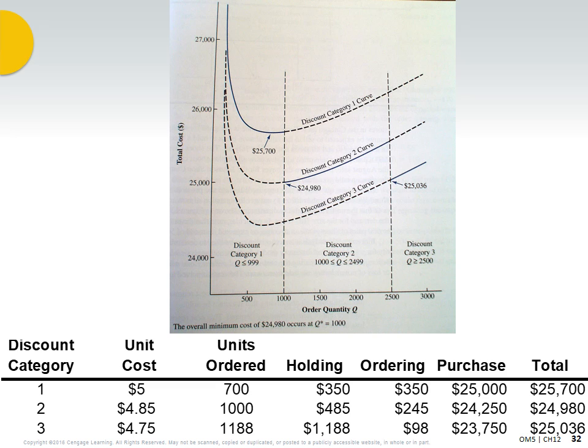Our next discount, that 3%, really all the line that matters is from here to here, because that's the total amount of inventory, 1,000 to 2,499 that we would order, and from here, 2,500 plus would be this line.